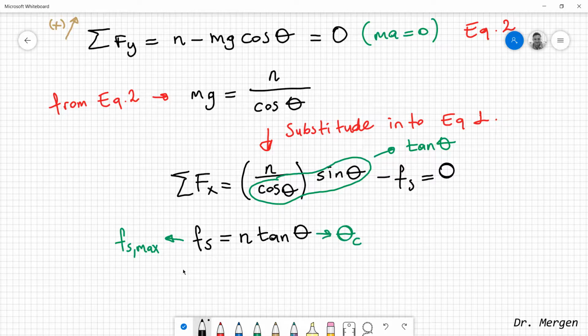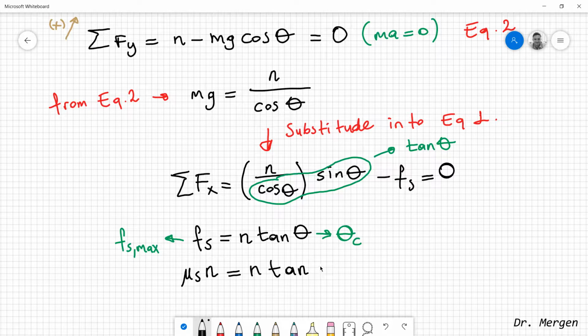So if we use the static friction coefficient to define the static friction force, we obtain F sub s as the static friction coefficient times the normal force. And on the right hand side of the equation, we have N times tangent theta.